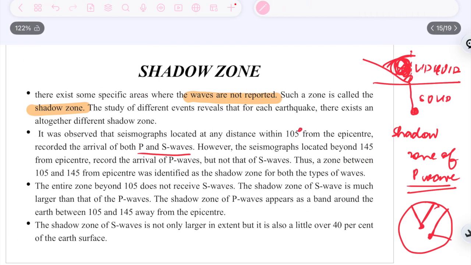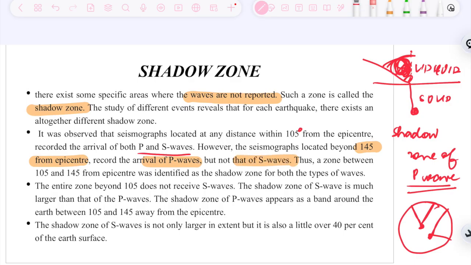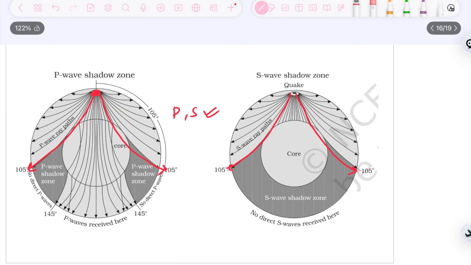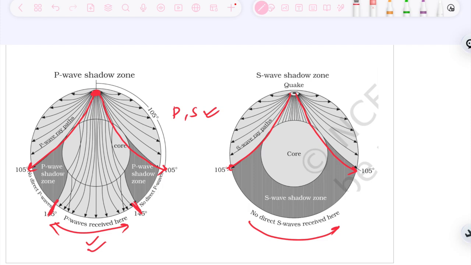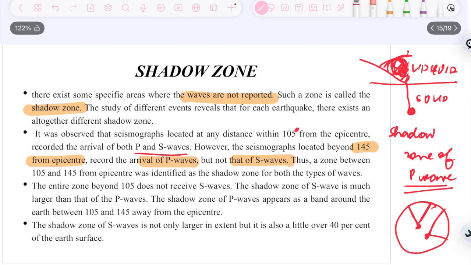Let's read further. However, the seismograph located beyond 145 degrees from the epicenter recorded the arrival of P waves, but not that of S waves. So when we look at 145 and beyond it, we see only P waves. Do we see S wave here? No S wave is recorded here.